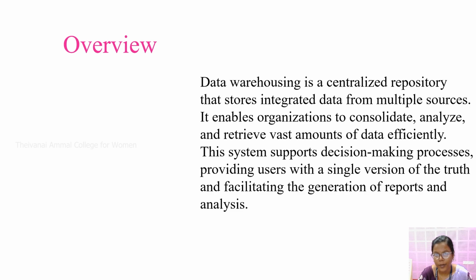Data are collected from multiple sources like a benchmark or government website. It enables organizations to consolidate, analyze, and retrieve vast amounts of data effectively. This system supports the decision-making process, provides users with a single version of the truth, and facilitates the generation of reports and analysis.